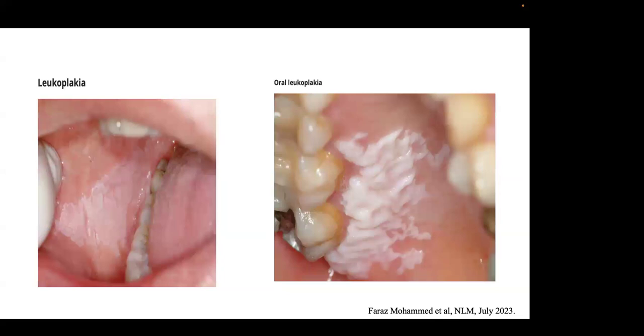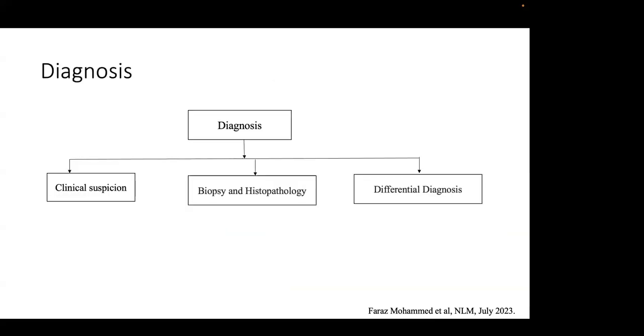Then further going to the diagnosis, first you look at the clinical suspicion, wherein you see a white lesion which is not being wiped off with a gauze. It does not appear to be traumatic or frictional in nature, and there are potential etiological risk factors, and also the duration, for a period of 6 weeks.